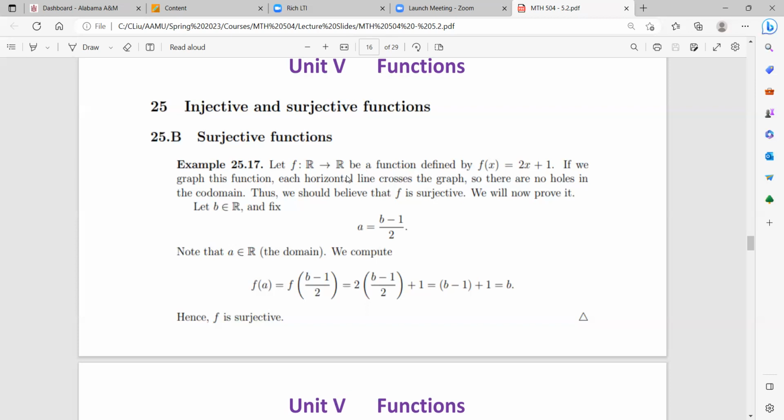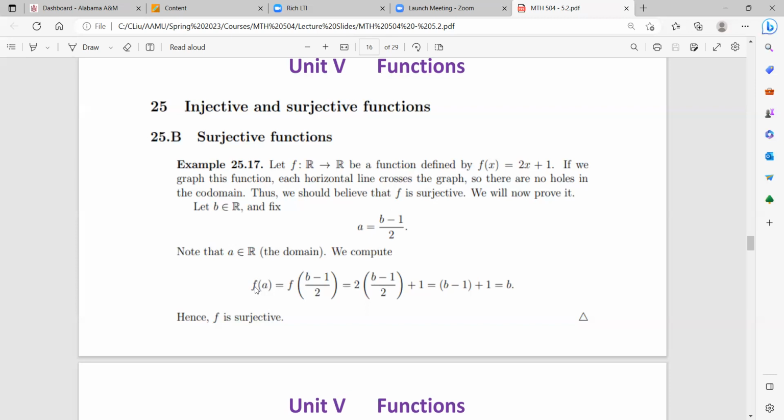So how do you prove it? If you pick any real number, say b, from the codomain R, so b is any real number, and we let a equal (b minus 1) over 2, then we can see that f of a equals b. First, b is a real number, so (b minus 1) over 2 is also a real number. So this number a is in the domain.